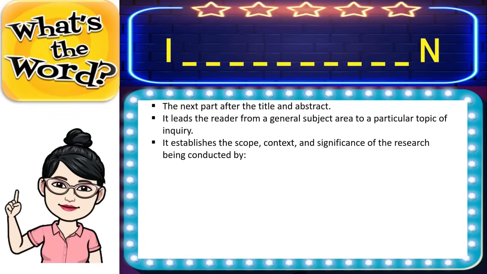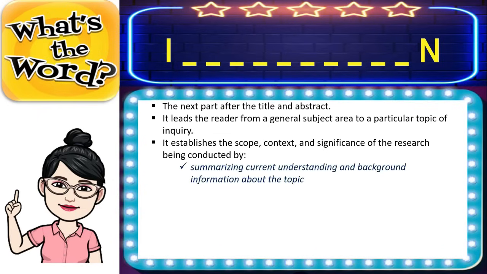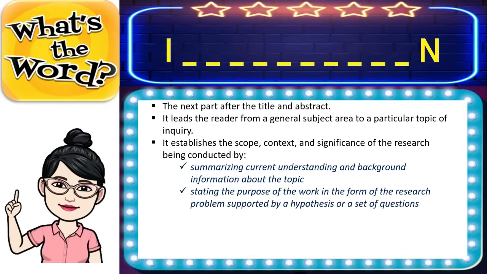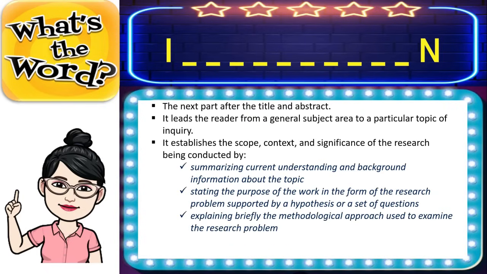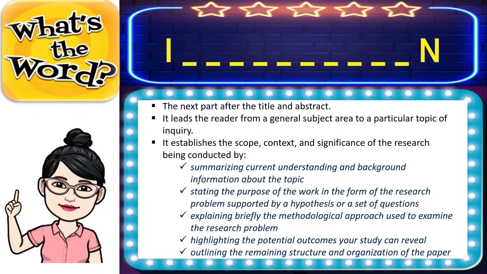It establishes the scope, context, and significance of the research being conducted by summarizing current understanding and background information about the topic, stating the purpose of the work in the form of the research problem supported by a hypothesis or a set of questions, explaining briefly the methodological approach used to examine the research problem, highlighting the potential outcomes your study can reveal, and outlining the remaining structure and organization of the paper.